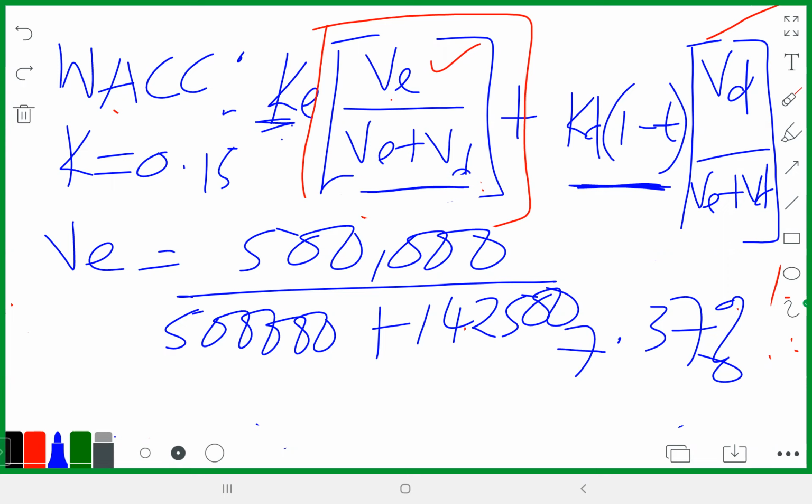Okay. So what do we find as the weight? It's 0.7782. Are we all finding the same?